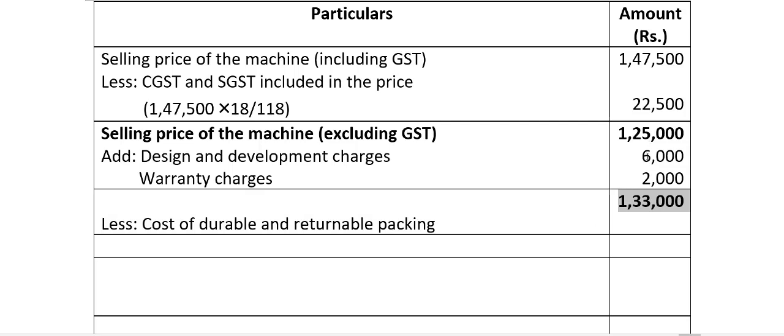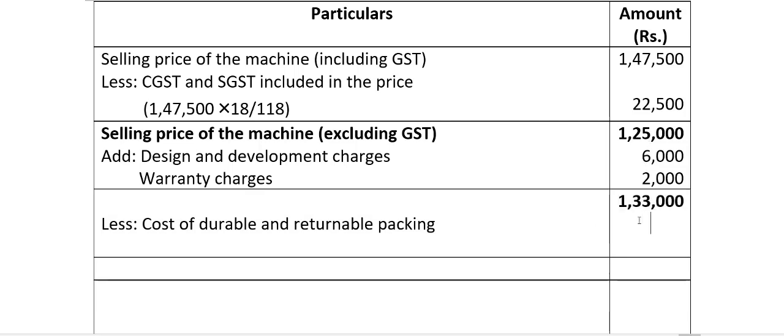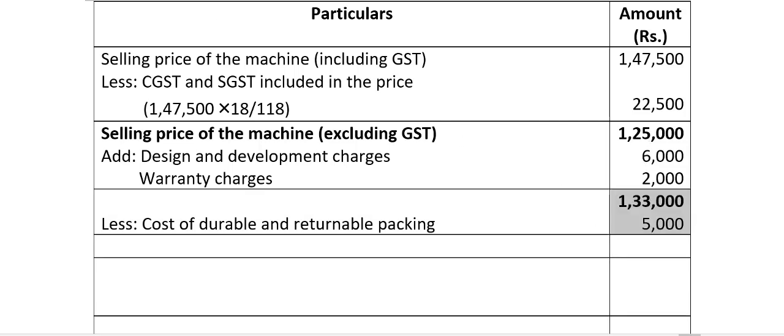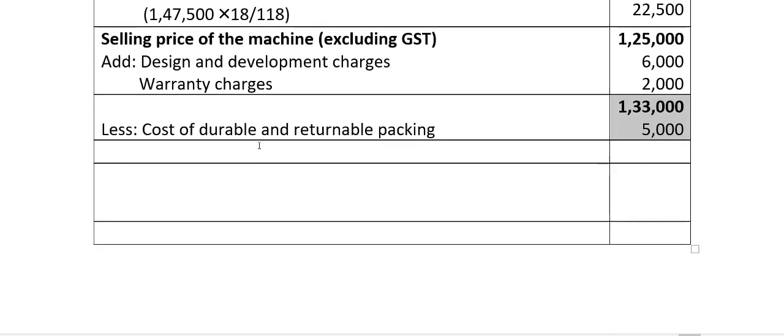That is 1,25,000 plus 6,000, 1,31,000 plus 2,000, 1,33,000. Now we will have to deduct cost of durable and returnable packing. The amount after deduction will be 1,28,000. That will be the transactional value of supply.